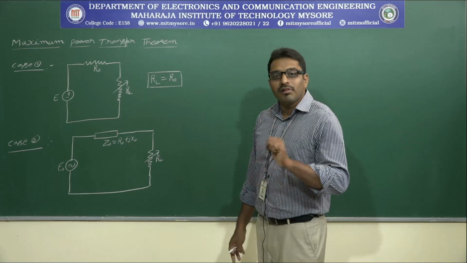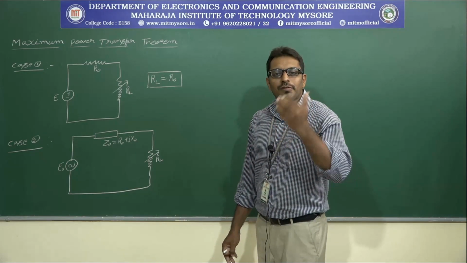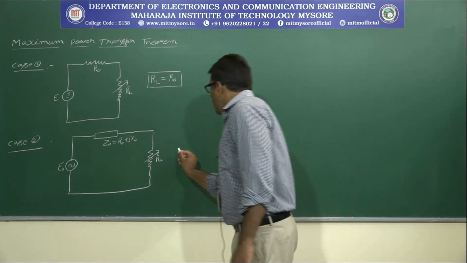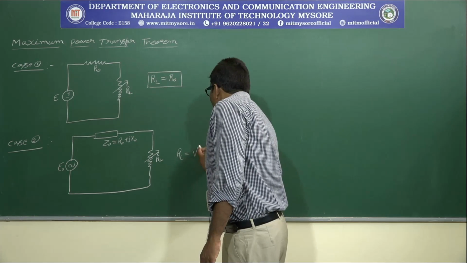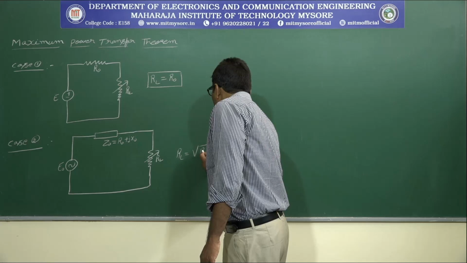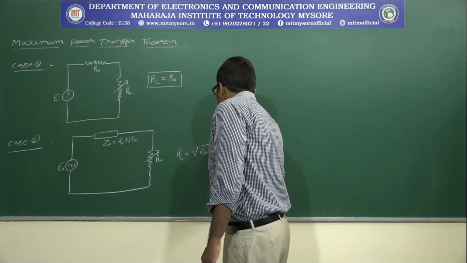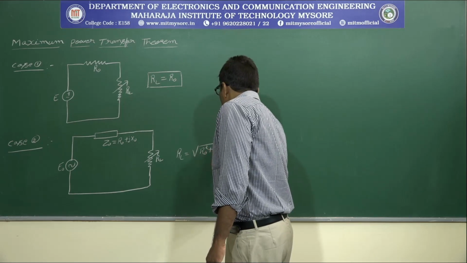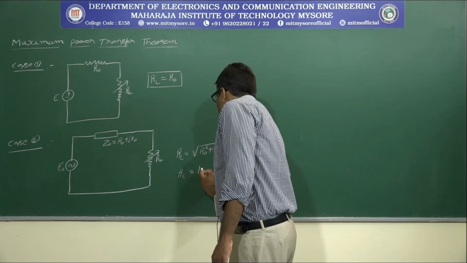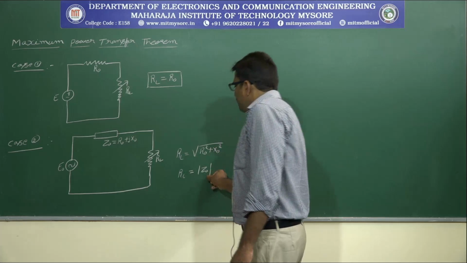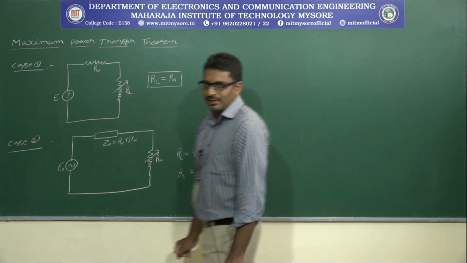For this circuit, we can transfer maximum power from source to load when RL is equal to the magnitude of the square root of R0 squared plus X0 squared. Simply, we can write RL is equal to the magnitude of Z0. Is that clear?